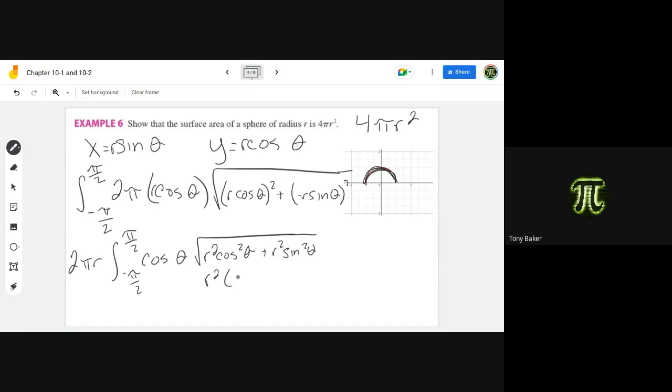If I pull the r squared out because it's the same, what's cosine squared theta plus sine squared theta? 1. So that whole piece right there is 1. So it's just the square root of r squared, which is r.